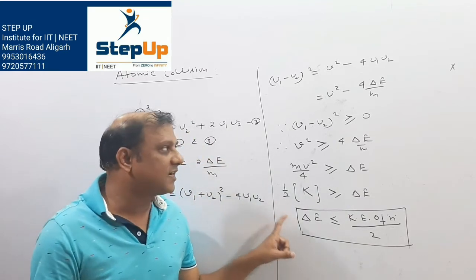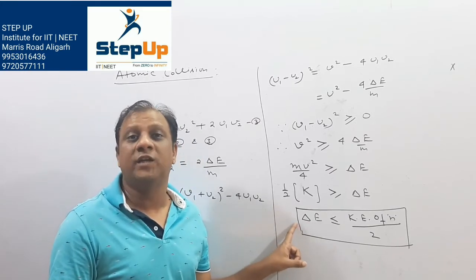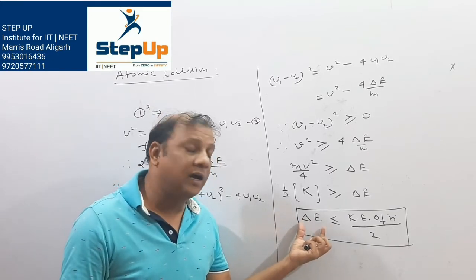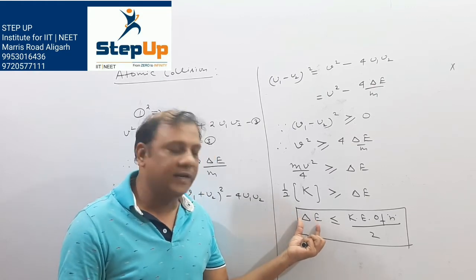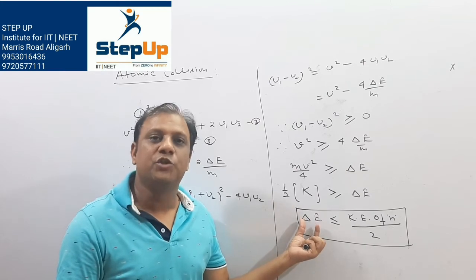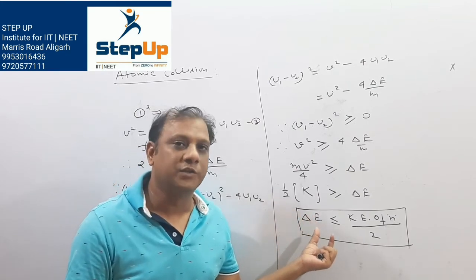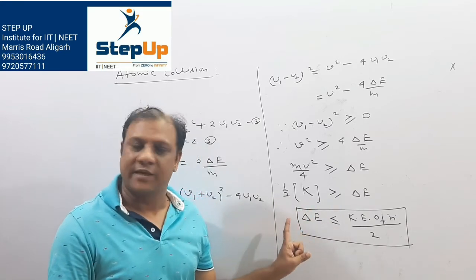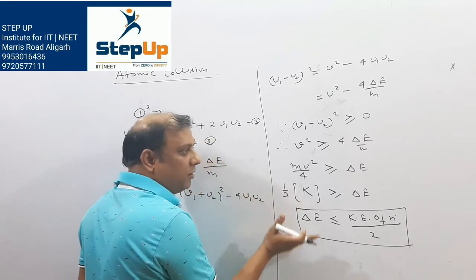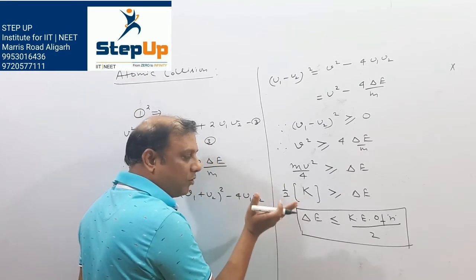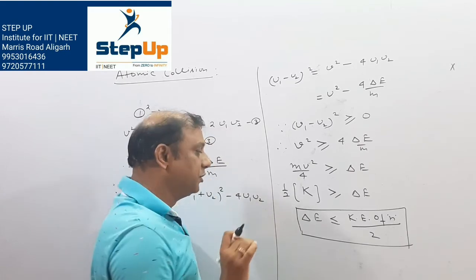So if this condition is satisfied, then the collision is inelastic. Delta E is the loss of energy, and this energy is nothing but what is used to jump the electron from ground state to excited state. Okay, so remember this result for questions based on atomic collision, provided the collision is between a neutron and a hydrogen atom.